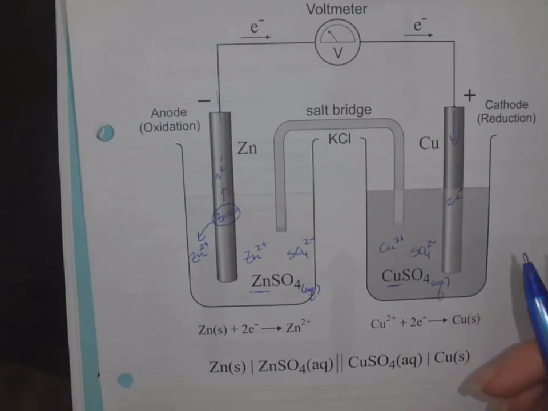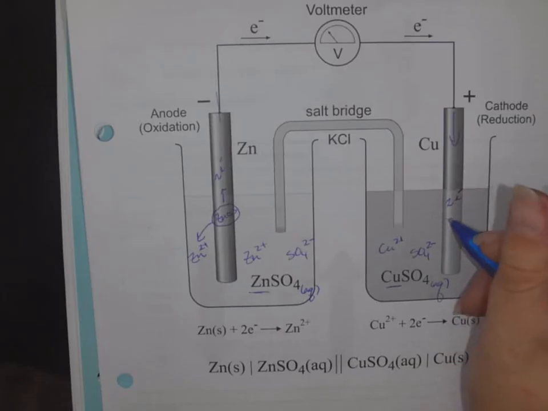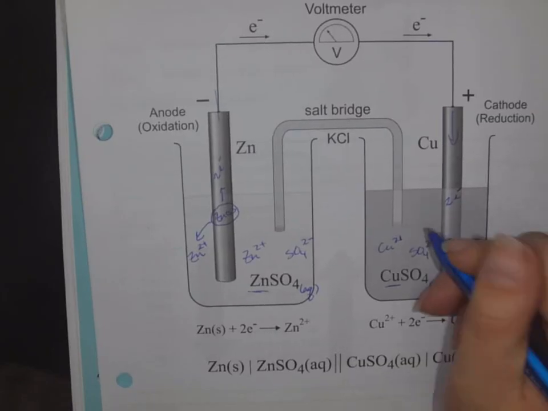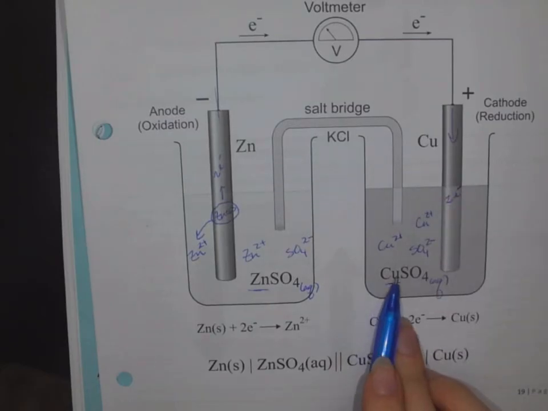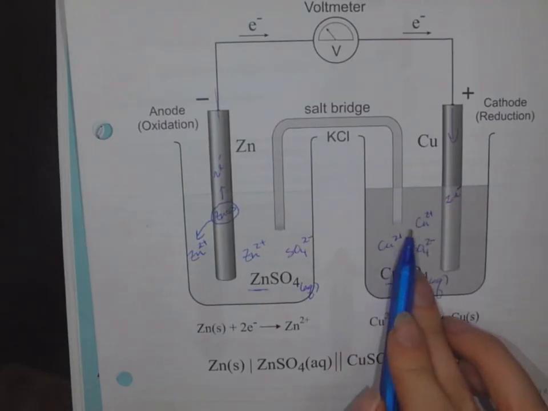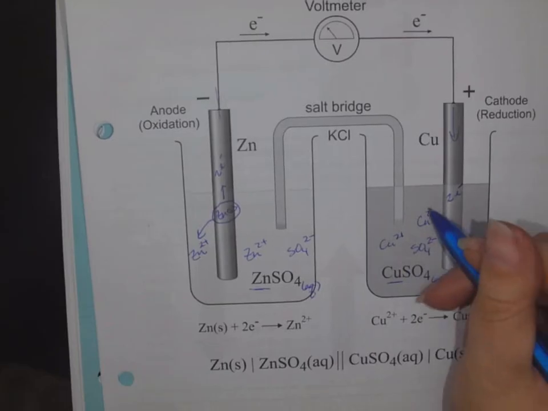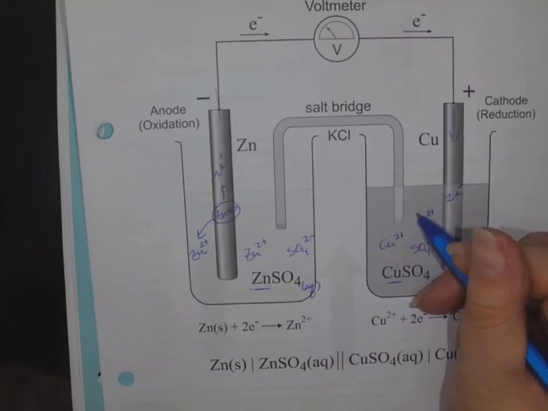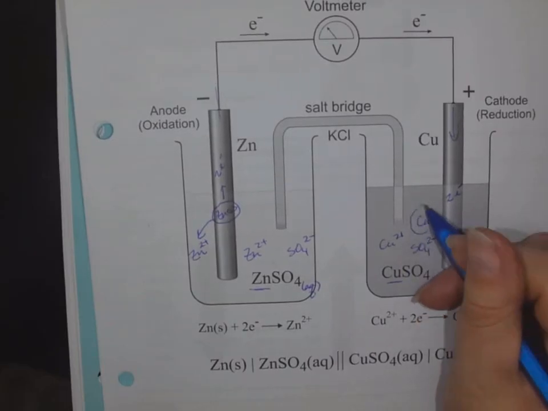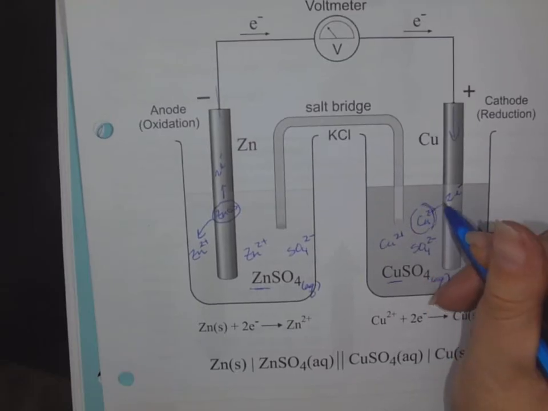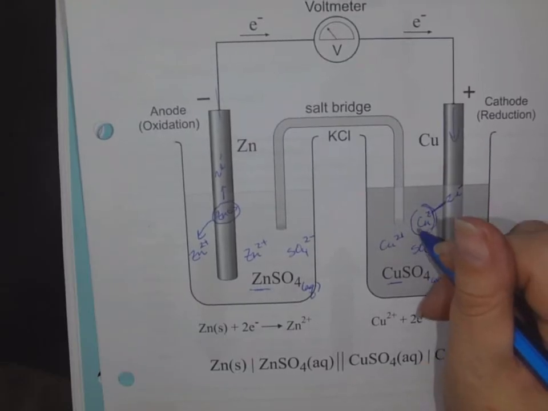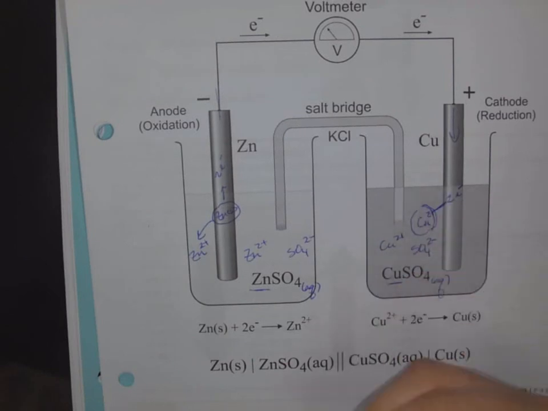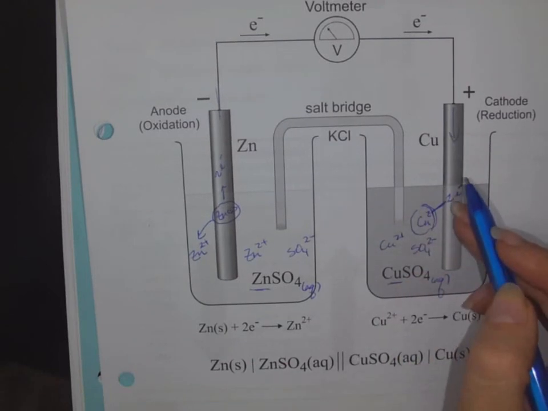And so now what happens is you have these copper ions that are in solution, right? So they're floating around. Well, guess what? This positive cation is attracted to those negative electrons, and they're going to combine. So this copper atom that was floating in solution is going to land on and connect to the solid copper.